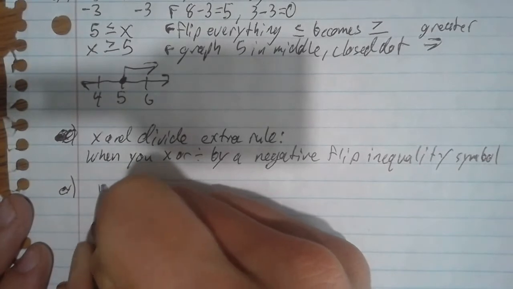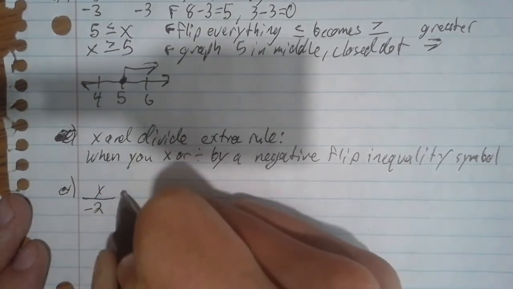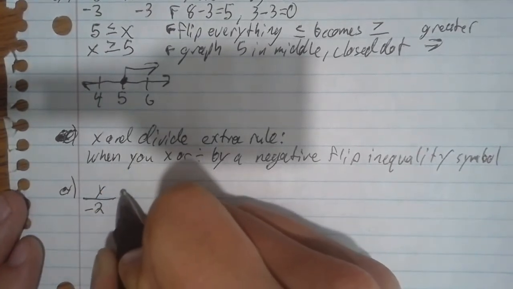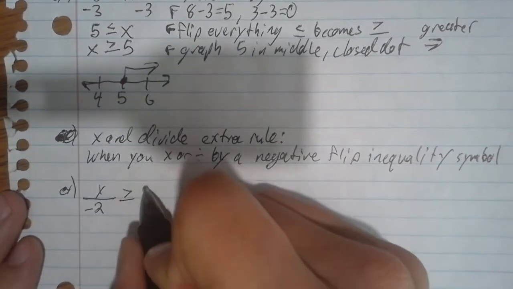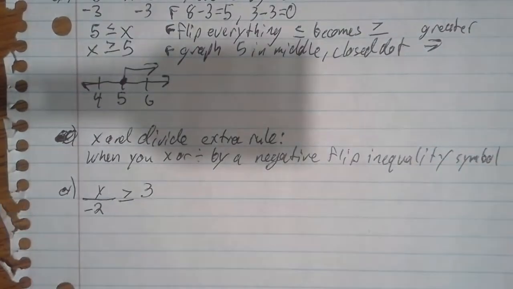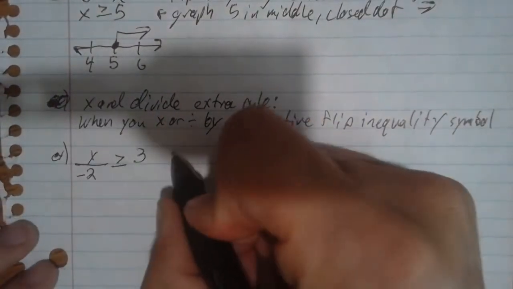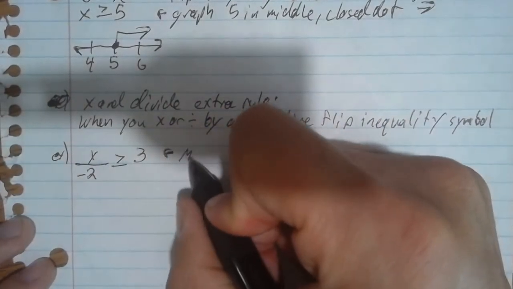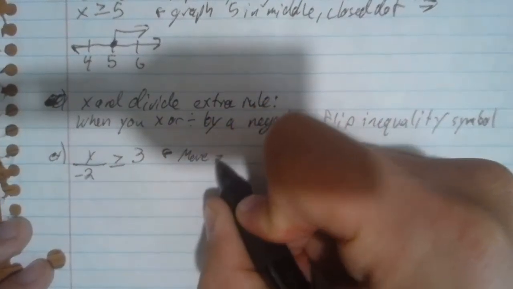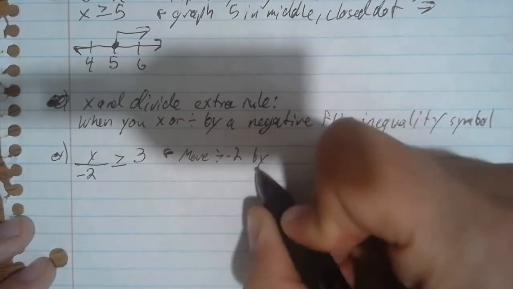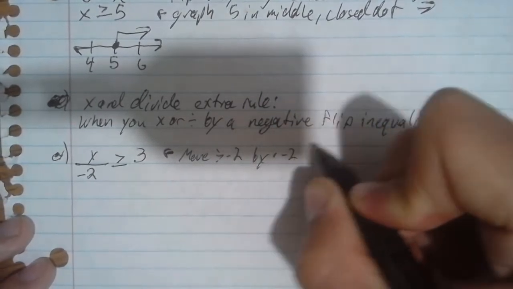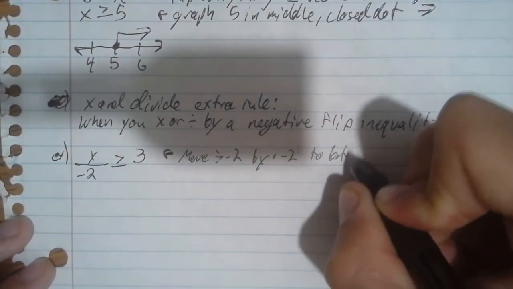So we've got y divided by negative 2 is greater than or equal to 3. So we need to move our divide by negative 2 by multiplying by negative 2 to both sides.